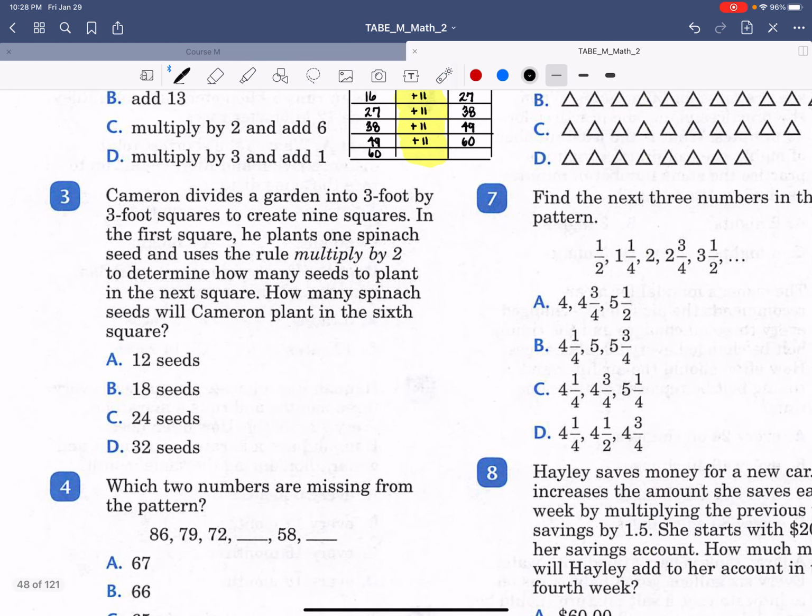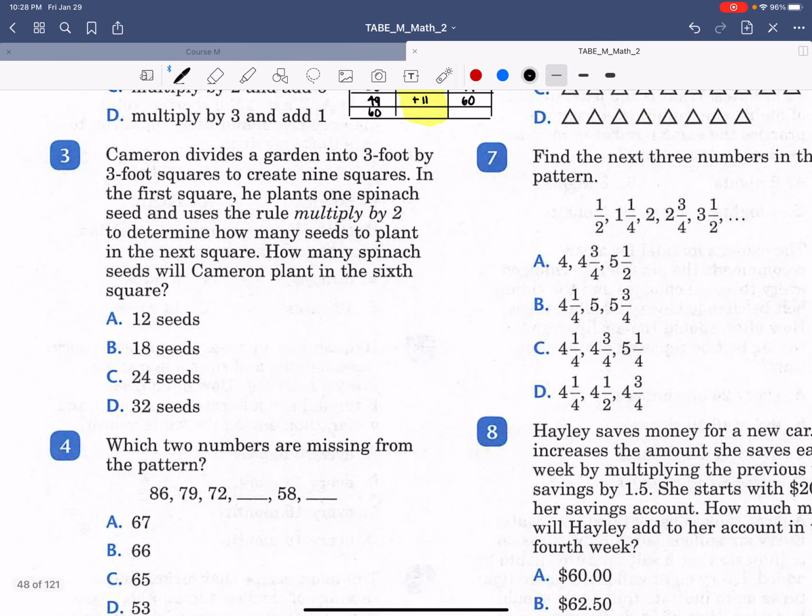Okay, number 3. Cameron divides a garden into 3-foot by 3-foot squares to create 9 squares. In the first square, he plants 1 spinach seed and uses the rule multiply by 2 to determine how many seeds to plant in the next square. How many spinach seeds will Cameron plant in the 6th square?